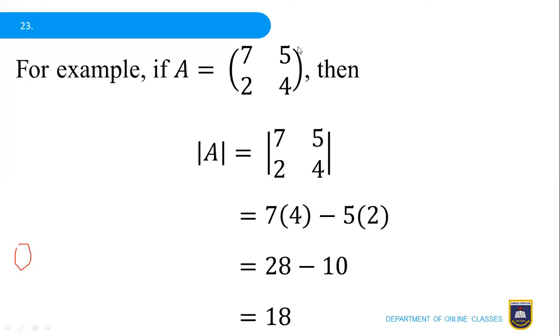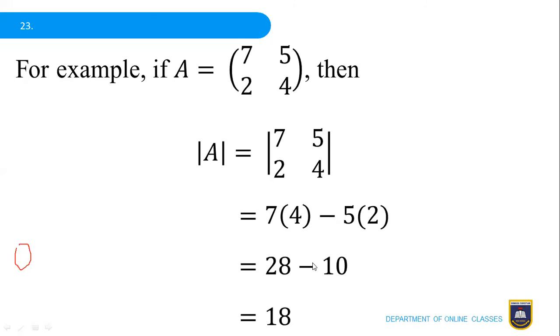Especially if either of the values 2 and 5 there is negative, then it's going to be 5 times that negative number, and that will be negative, so we get positive. So you will not always see the subtraction sign here. Sometimes it may be positive when it comes to this place. Is that clear?